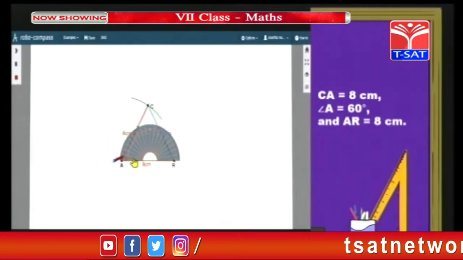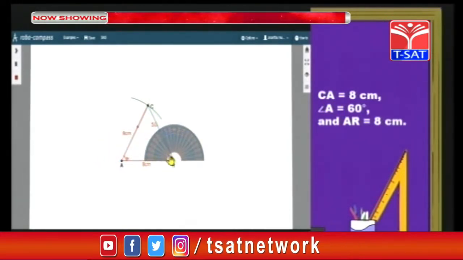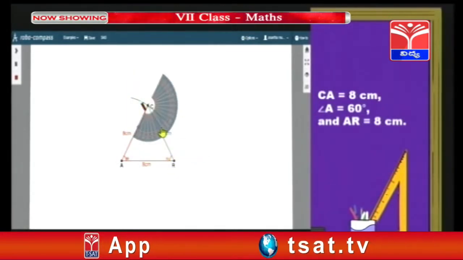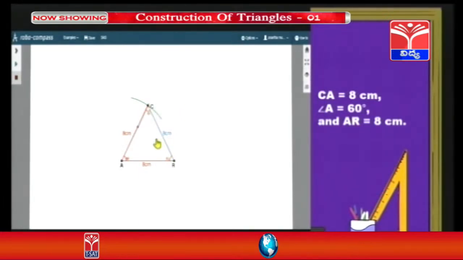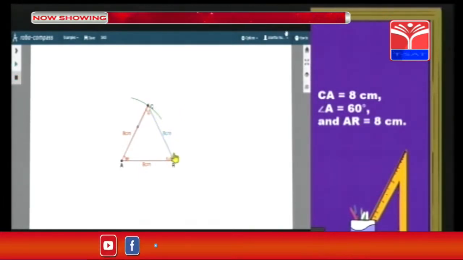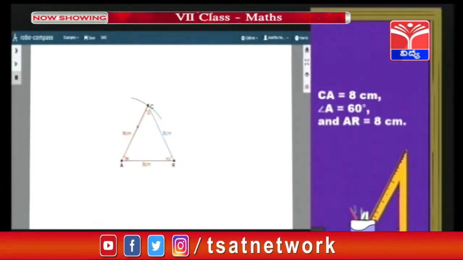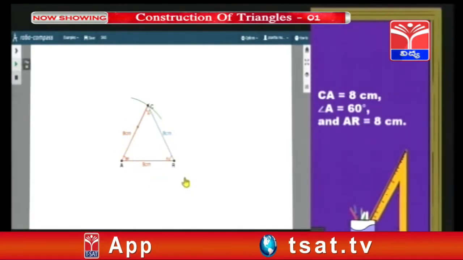Now after that we have to measure CR and angle R, angle C. Here we got angle R as 60 degrees and angle C 60 degrees and CR measurement is 8 centimeters. So we will say that this triangle is an equilateral triangle.